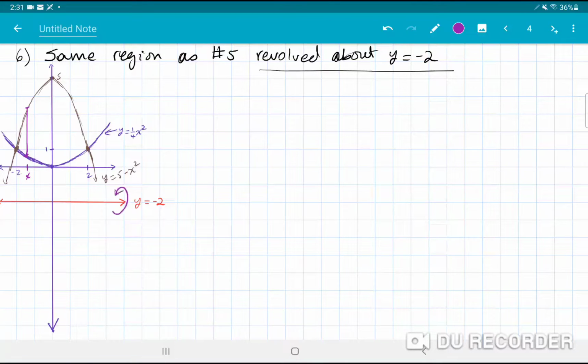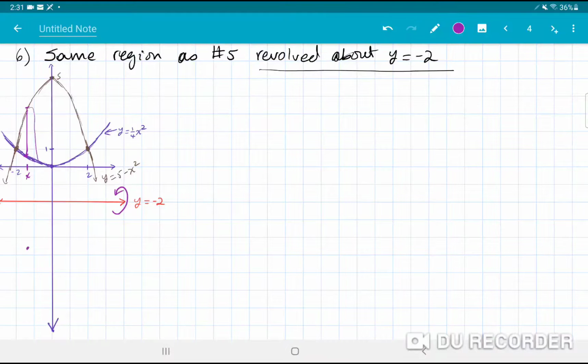We're going to duplicate this segment on the opposite side of our axis of revolution, so this is like a mirror. We're going to measure this distance. That's about 2.5.